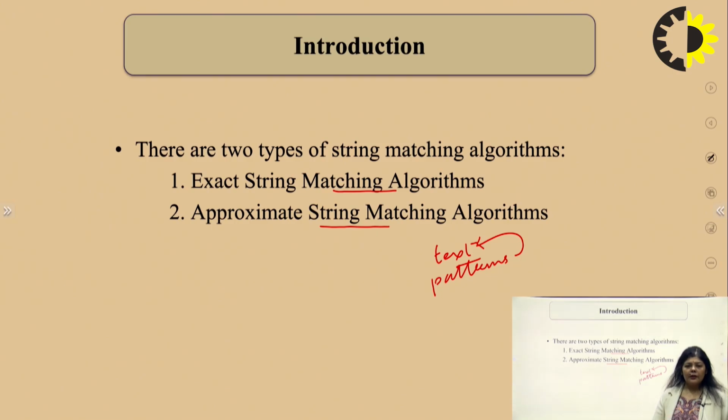It is okay if it is not 100% matching, but if it is matching 50% or 60%, the algorithm still needs to report those results to us. So this is the second case of designing approximate string matching algorithms.